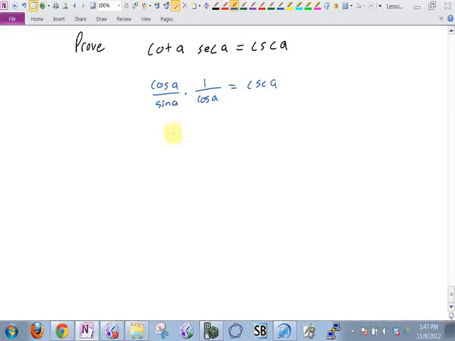So when you multiply these fractions together, you get cosine A over sine A cosine A. So the cosines cancel, so the left side becomes 1 over sine. And we know that 1 over sine is cosecant. That's it. I would expect a lot of students to just do that.